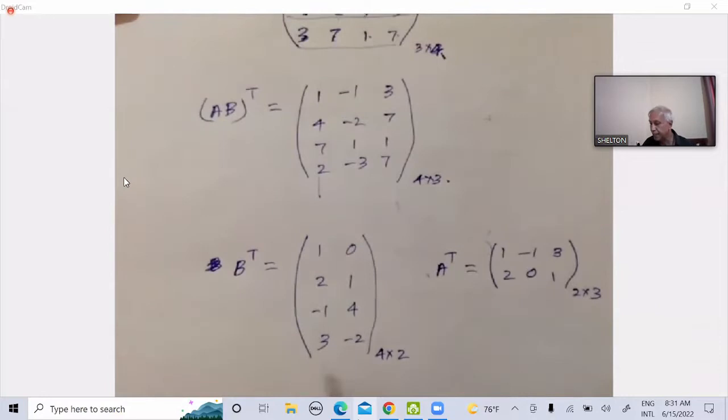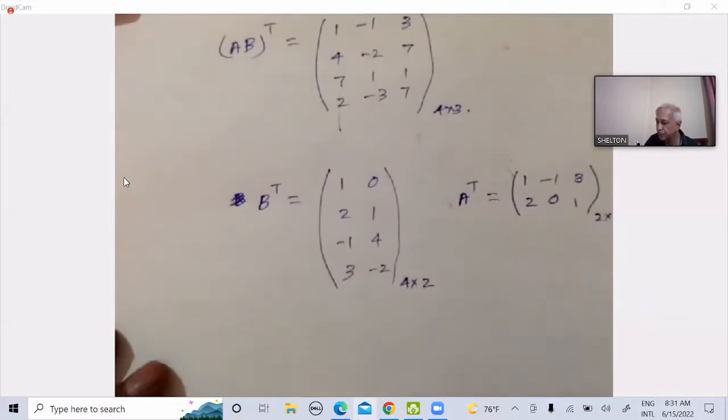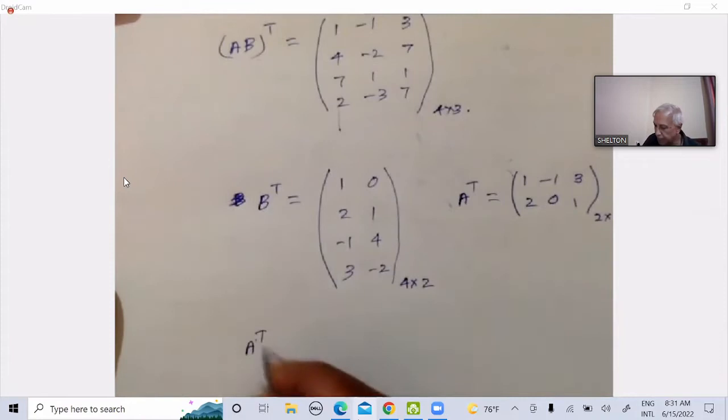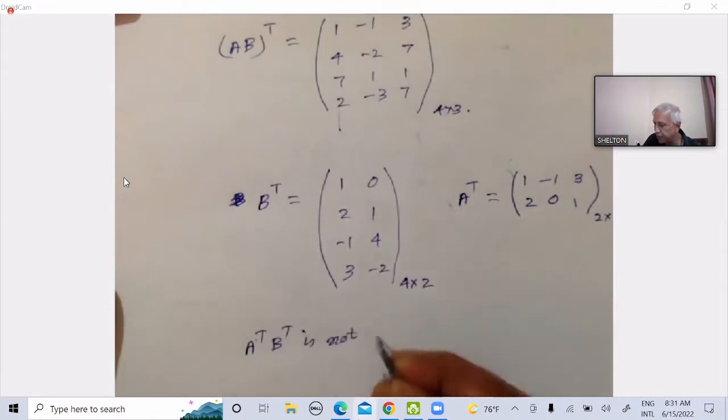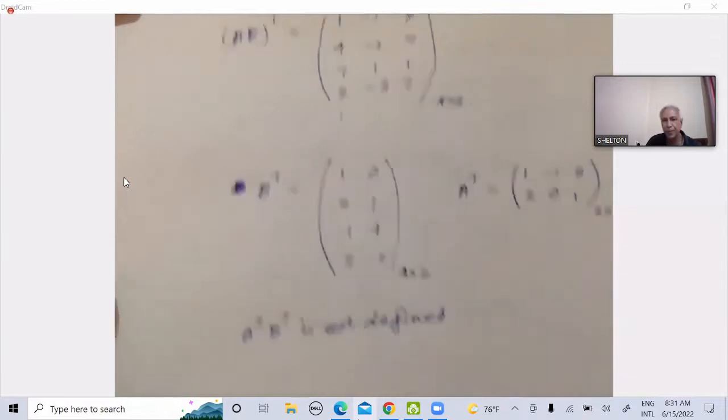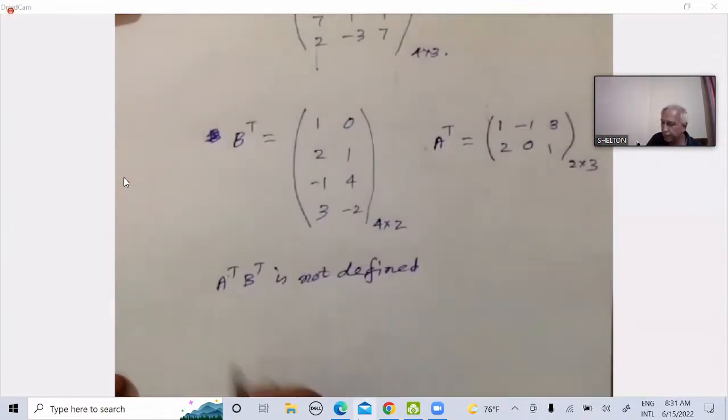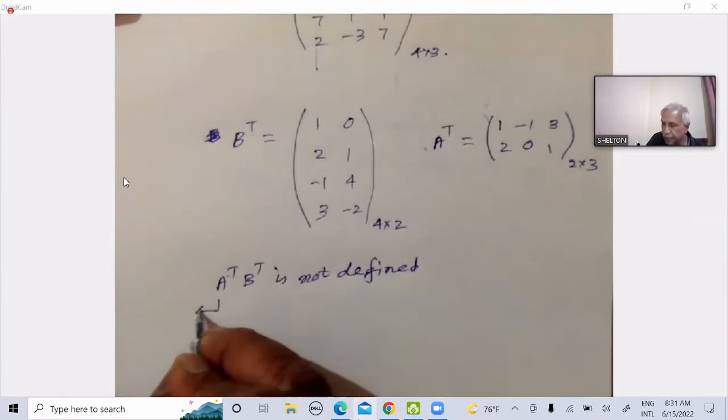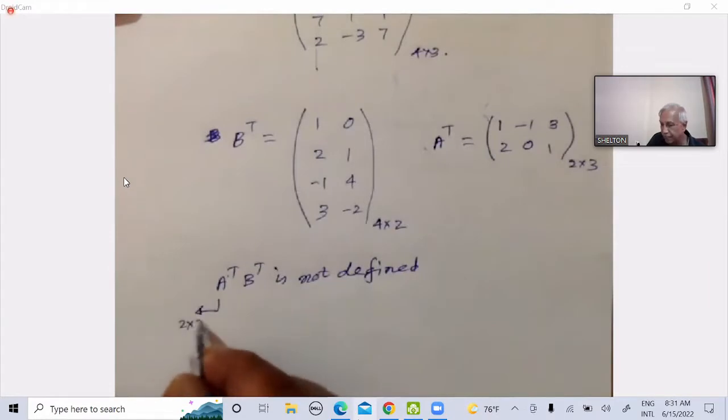Now think. If I wanted to get A transpose B transpose, I cannot even multiply. A transpose B transpose is not defined. Why? A transpose is of the size 2 by 3.